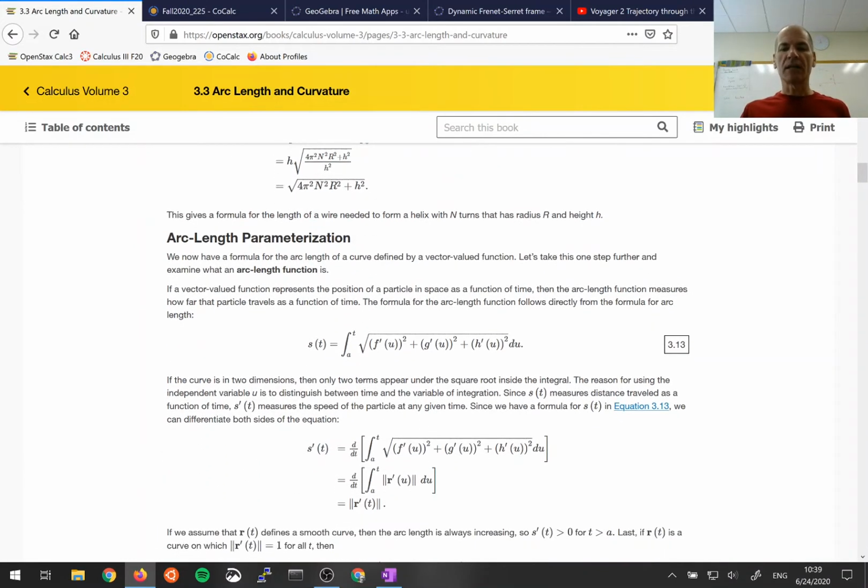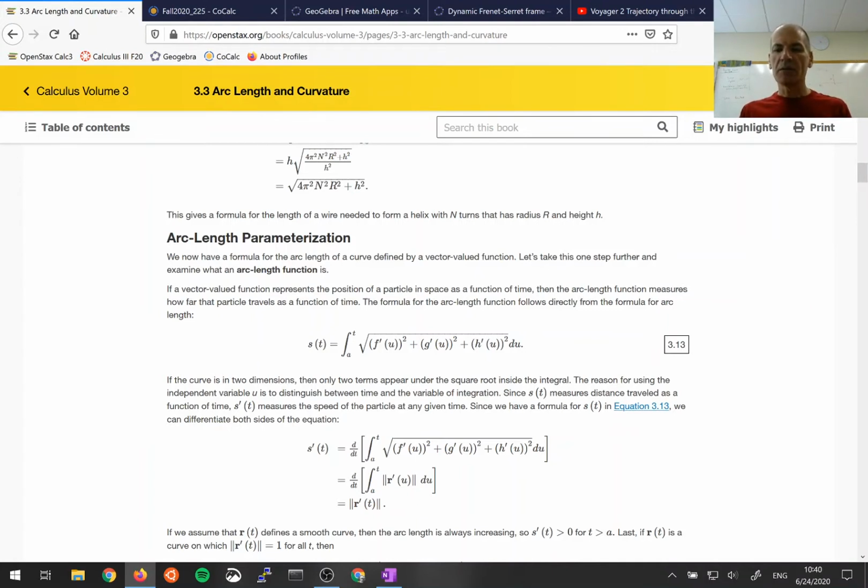Once you have arc length in your pocket, then it's useful to think about the arc length function. And this is akin to, again, going back to the earlier example of crossing the Washington-Idaho border on Interstate 90. You're heading into Idaho, and the mile marker resets at 0. We're going to call that our A. That's where we're starting, the border.